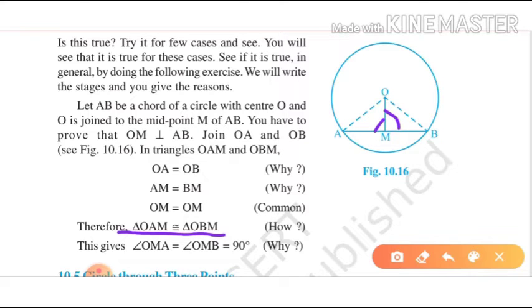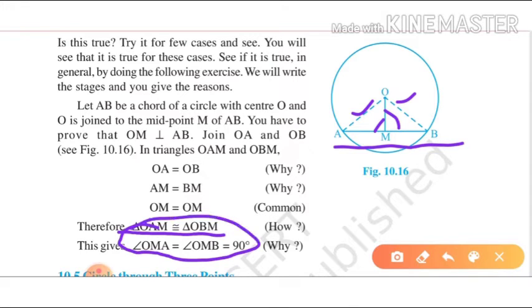Now we know that AMB is a straight line, so these two equal angles are each 90 degrees. That means OM is perpendicular to AB. This is the proof.